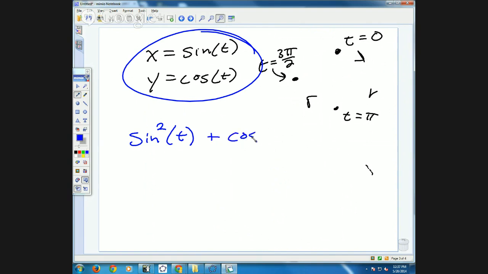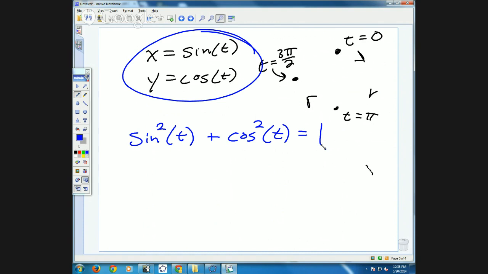That was too general a question. Can you give me an equation that links sine and cosine together? Trig identities. Yes, it's a trig identity equation.